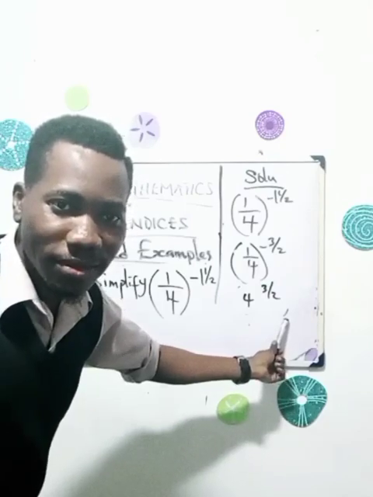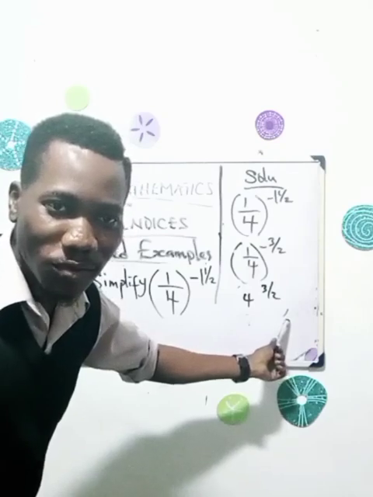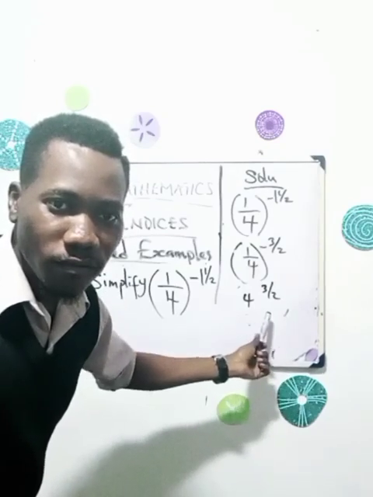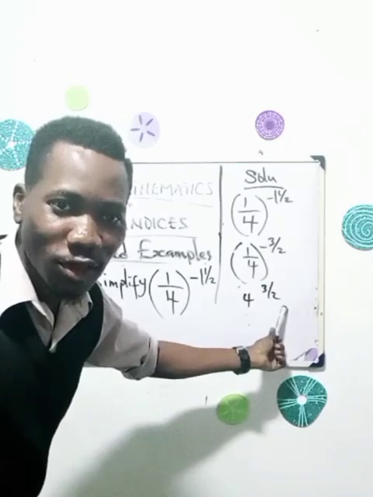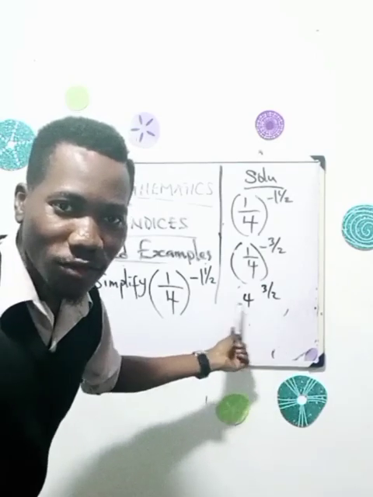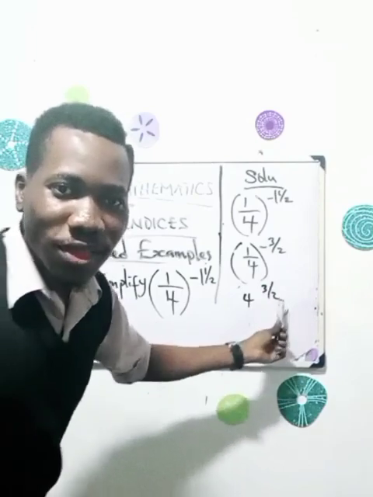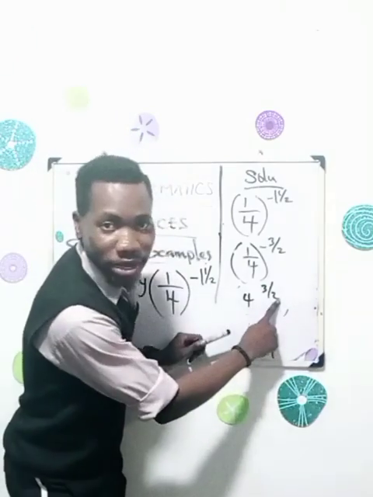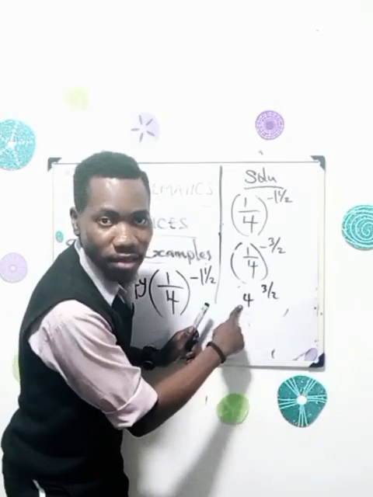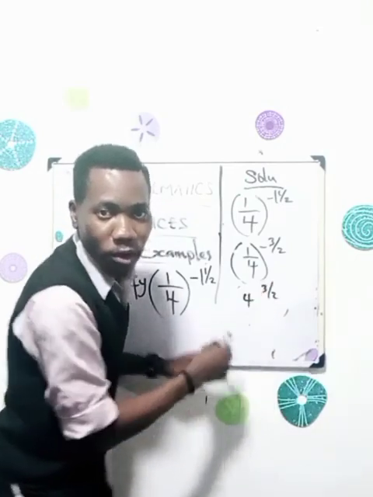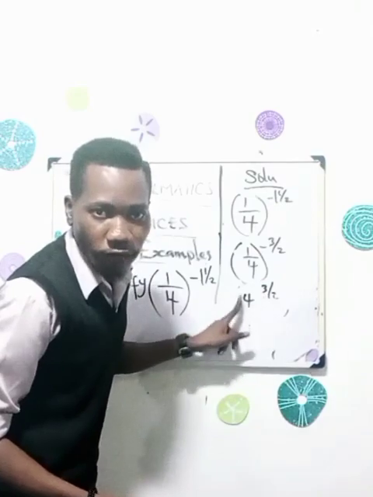Two raised to power 3. The root of 4, then cube it. The square root of 4 to the power of 3. The number down in the fraction becomes the root of this base, then raise to the power of the number up. So we have 2 here, which becomes the root of 4.